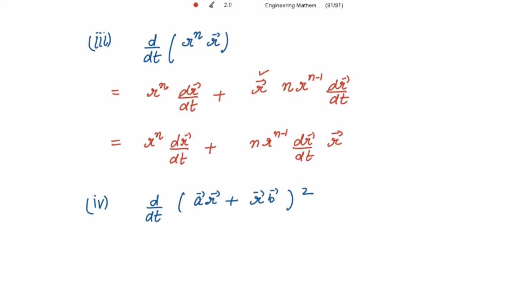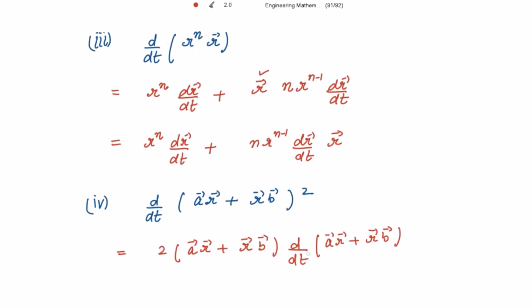Next, taking the derivative of the square of this sum. So this is equal to, when taking the derivative, twice of this complete bracket part and then differentiating this complete part with respect to t.